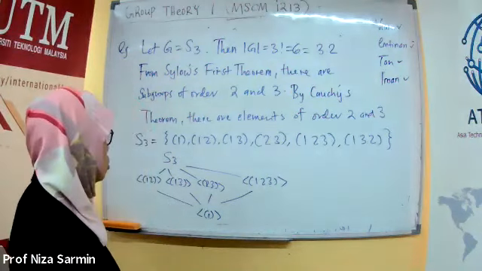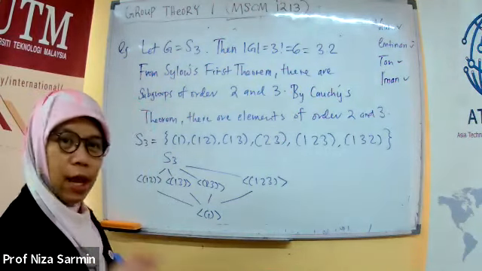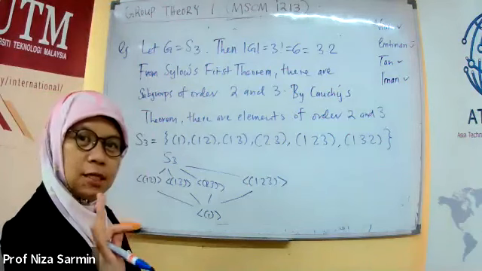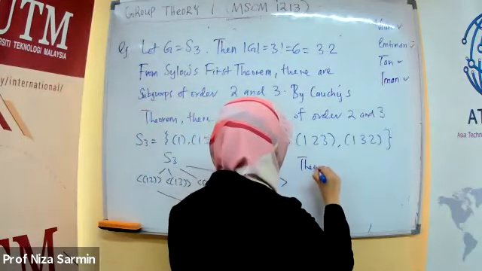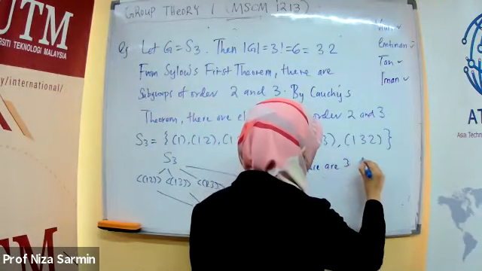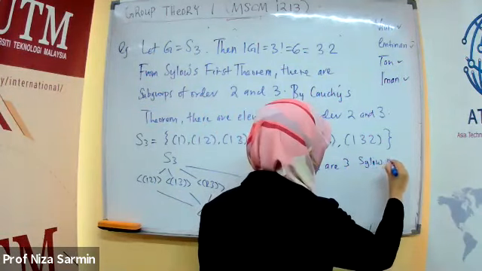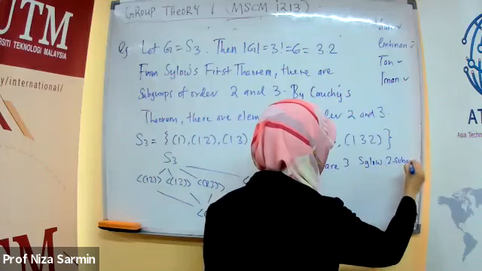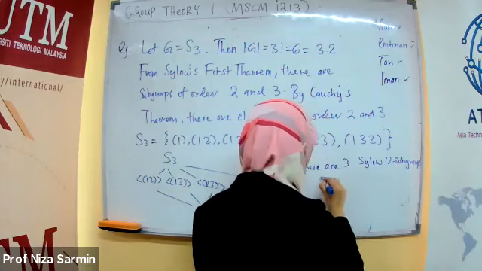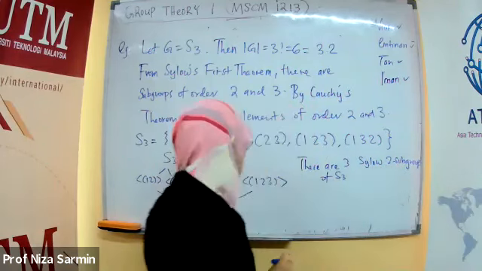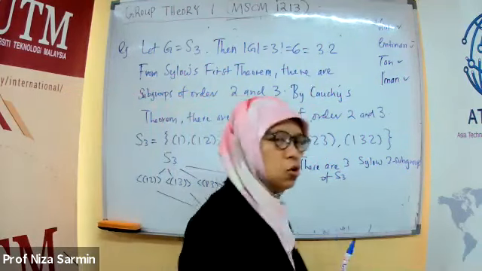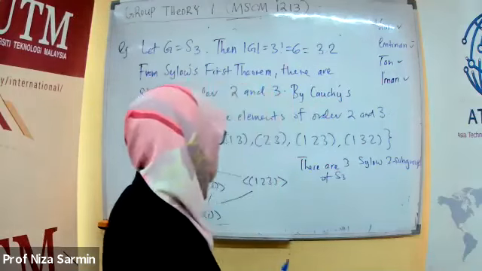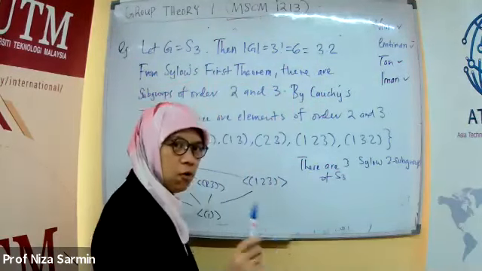Okay, so there are 3 Sylow 2 subgroups of S3, because Sylow 2 subgroups of S3 are of order 2.